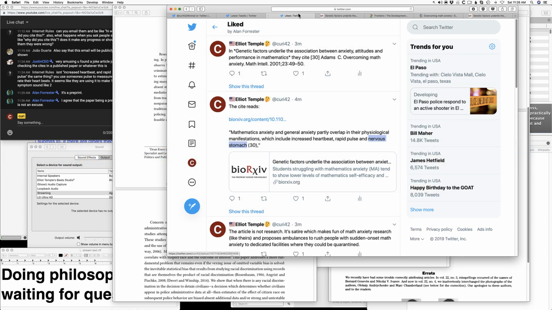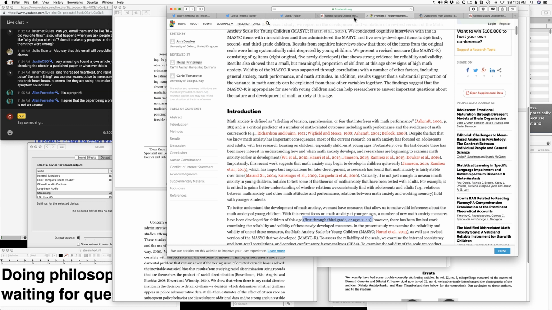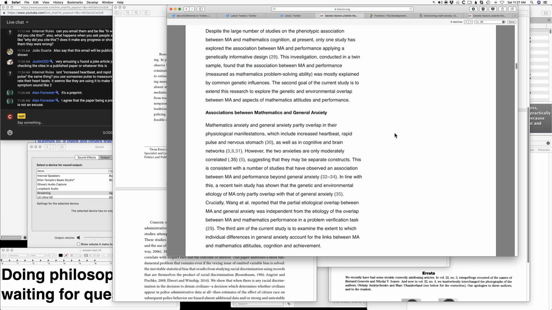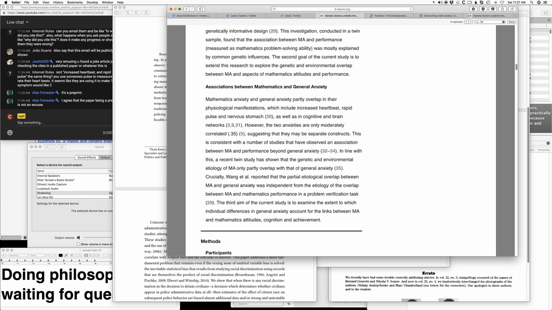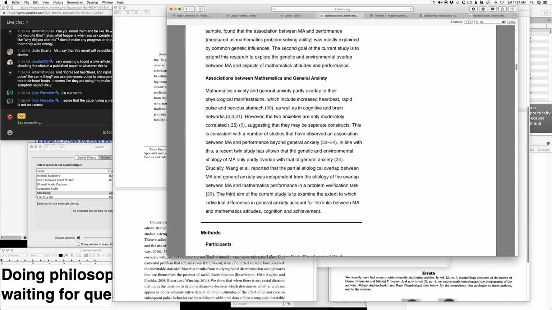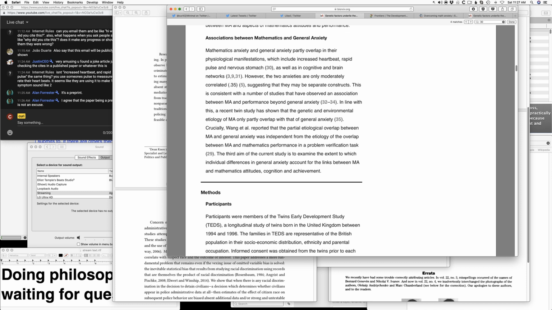Anyways, where was I? I was here. Oh yeah, I looked up the twin study stuff just to see that they weren't separated at birth. And then I read this stupid thing.